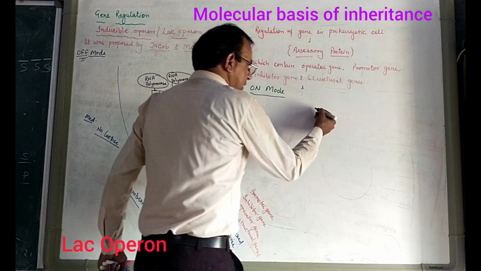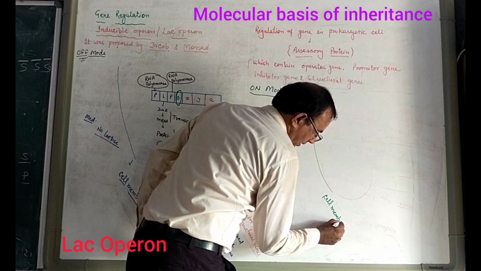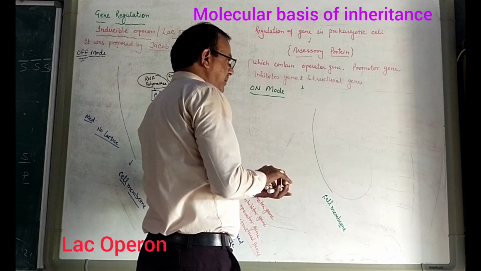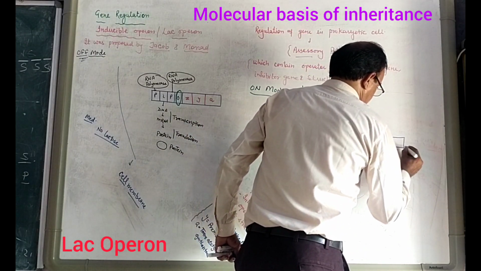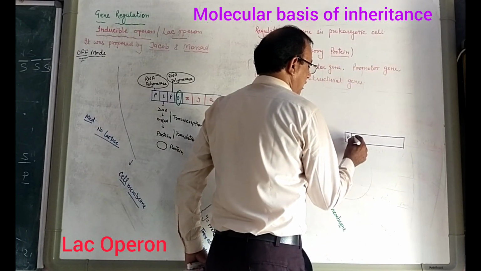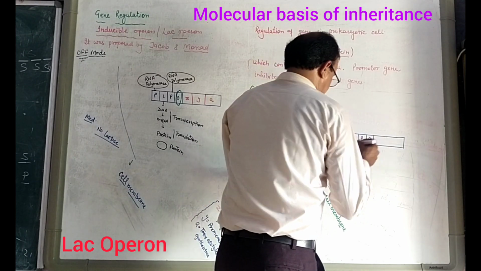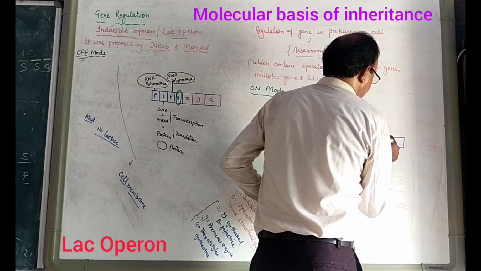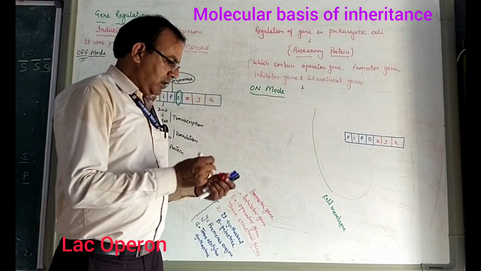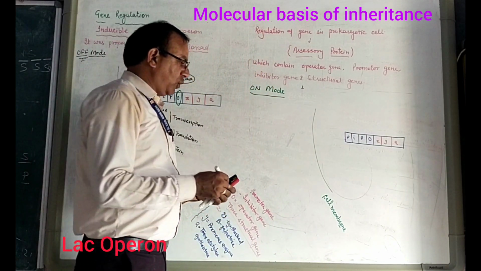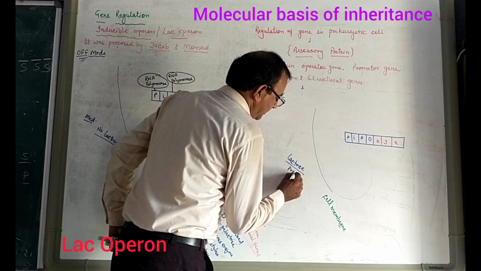The second situation: suppose again this is the cell membrane. It contains protein inside the cell membrane, which contains a promoter gene, one with the inhibitor, again a promoter, an operator, and then structural genes, three types of structural gene: Z, Y, A. In the second situation, lactose is present outside the plasma membrane.